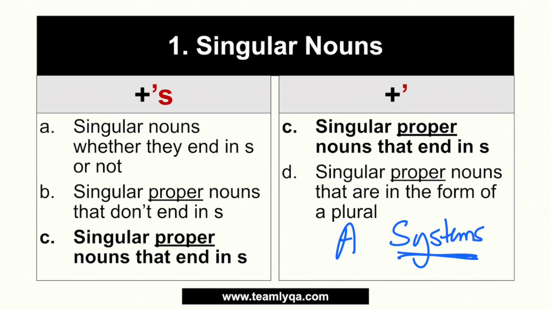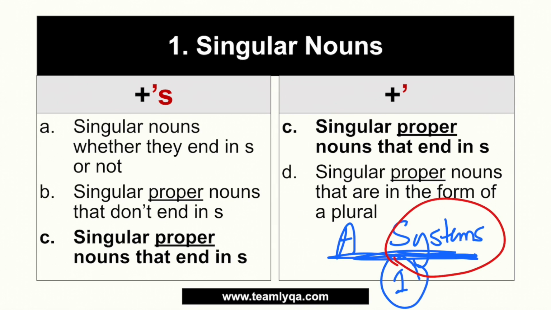Okay? Kasi yung A systems, this is one company, so technically singular siya. Pero yung word na systems, okay, plural form yan ng system. Okay? Kaya lang, okay, ang count niya pa rin is just one company, dahil proper noun siya, pero in this case, you still add an apostrophe. Again, more examples later. Okay?